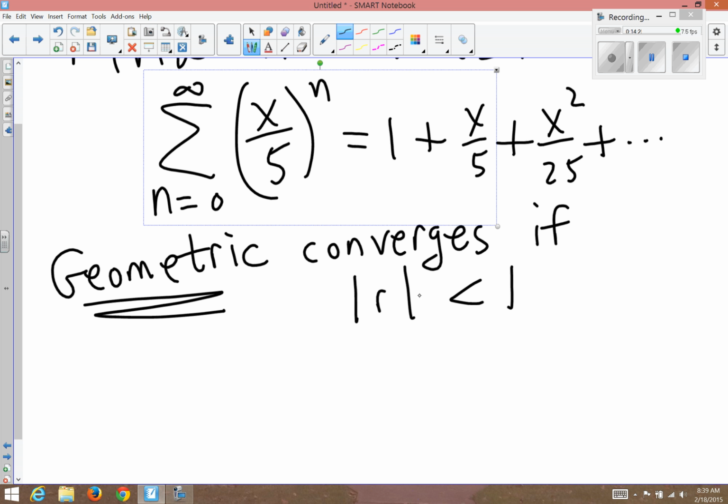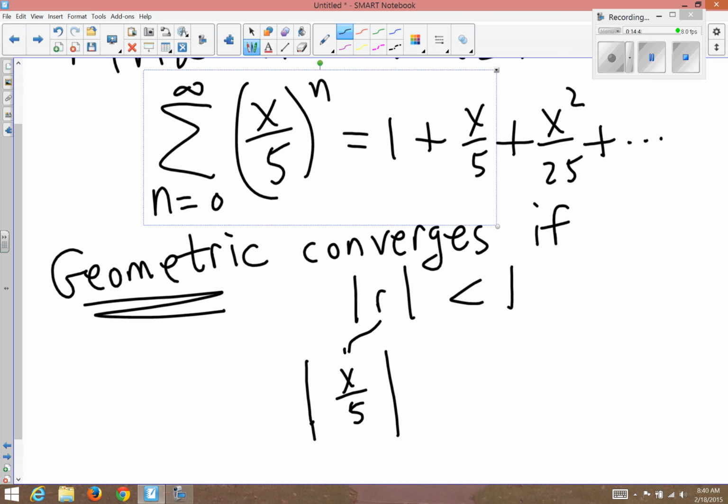The absolute value of r cannot be 1 exactly, or greater than 1. So in this case, the common ratio r is x over 5, because we're multiplying any term by x over 5 to get the next term.